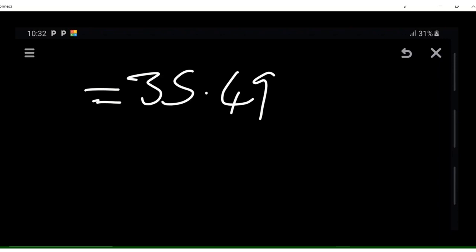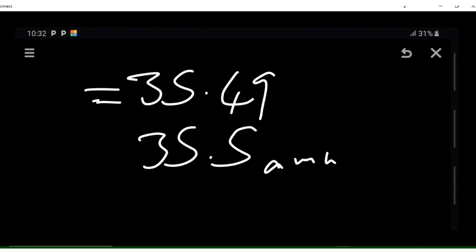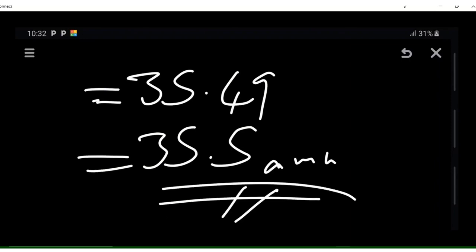You just round it off there, so 35.5 AMU. This is the average mass.